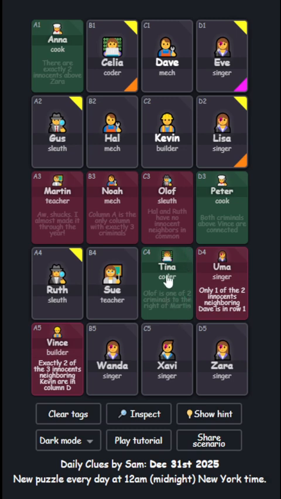Olaf is one of 2 criminals to the right of Martin, but we have both of them sorted. Okay, so we're left with 2 clues that could theoretically tell us anything. Only 1 of the 2 innocents neighbouring Dave is in row 1, so we have 1 here. And exactly 2 of the 3 innocents neighbouring Kevin are in column D. So we've got 1 here and then 1 remaining.